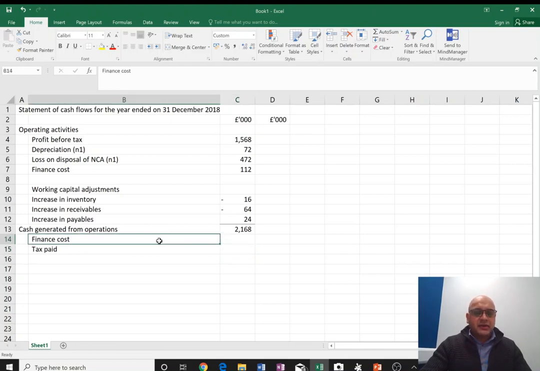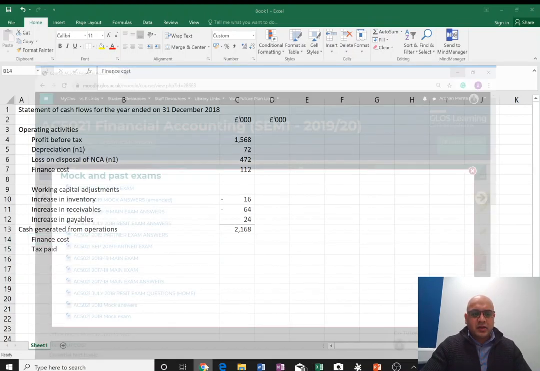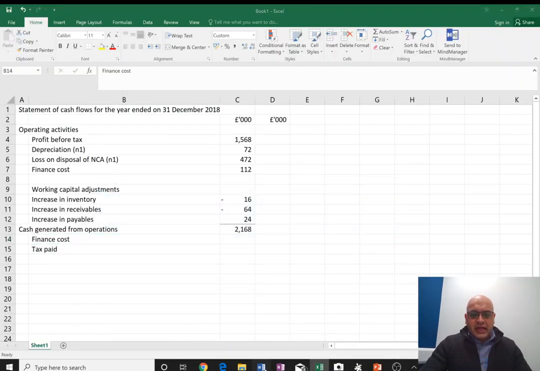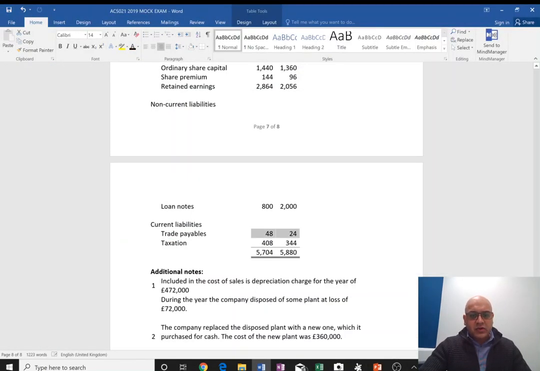Now in this case we do not have any opening or closing balances for finance costs in the current liabilities. Let's pick the closing balance of finance costs. If there was a closing balance of finance cost, then we can say that whatever we charge in the statement of profit or loss is not what we pay during the year.